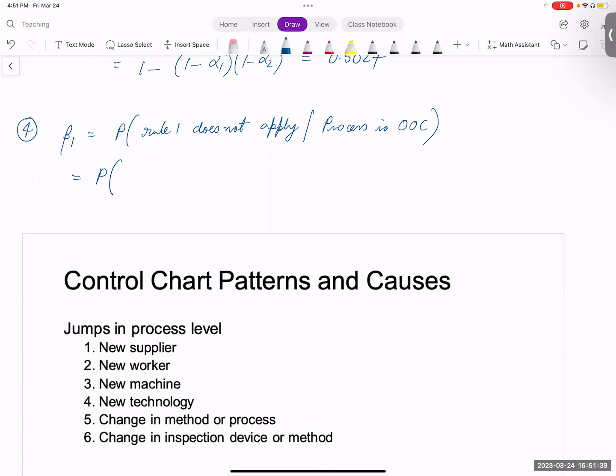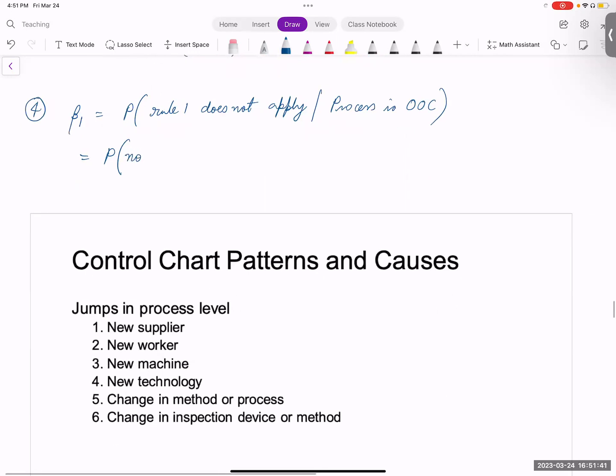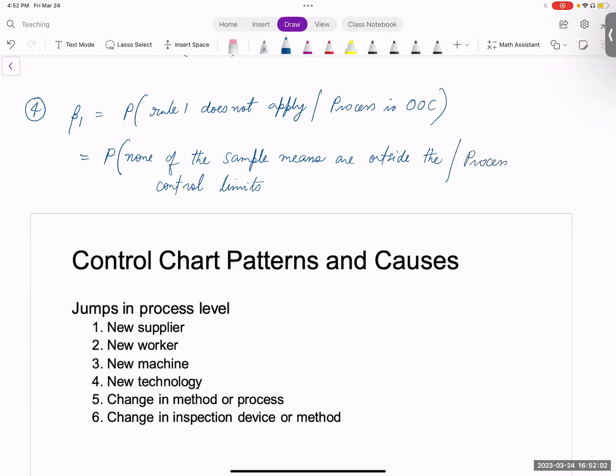So if rule 1 does not apply, I can directly say that none of the sample means are outside the control limits, given the process is out of control, OOC.